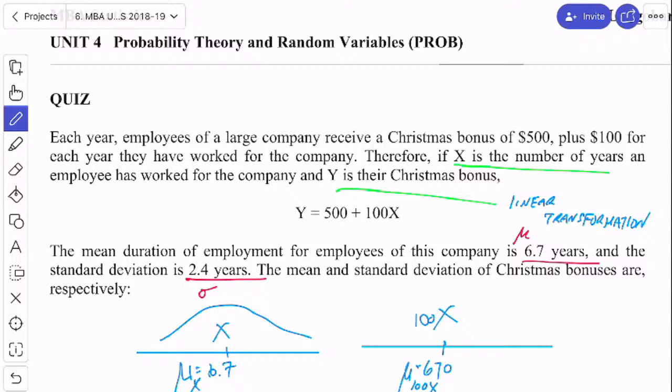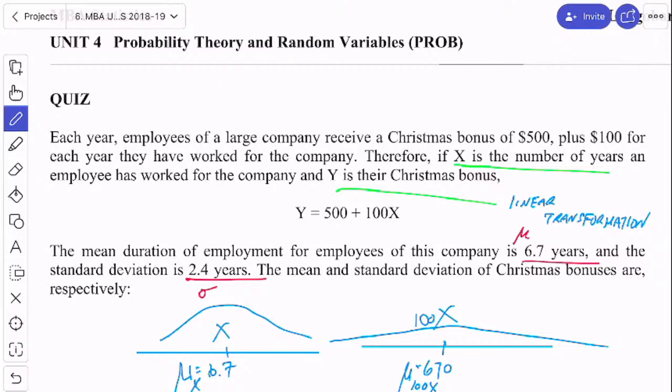And all the values are going to be times by 100, so this is going to be a way more spread out distribution. It's going to be a flatter distribution. So it's going to spread it all out.